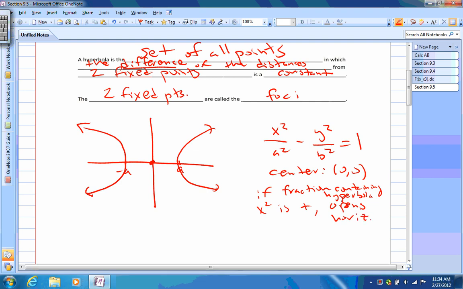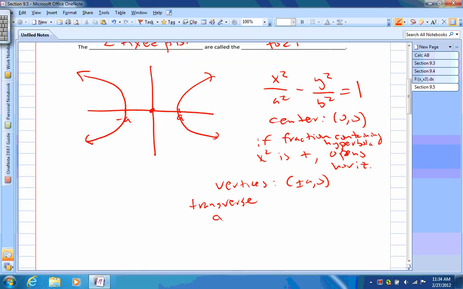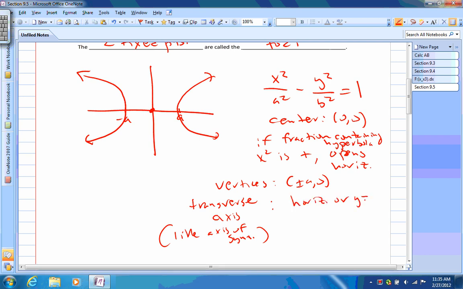So in this case, we say that the vertices are at plus or minus a comma 0. The transverse axis, which is like an axis of symmetry, is horizontal, or in this case, y equals 0.